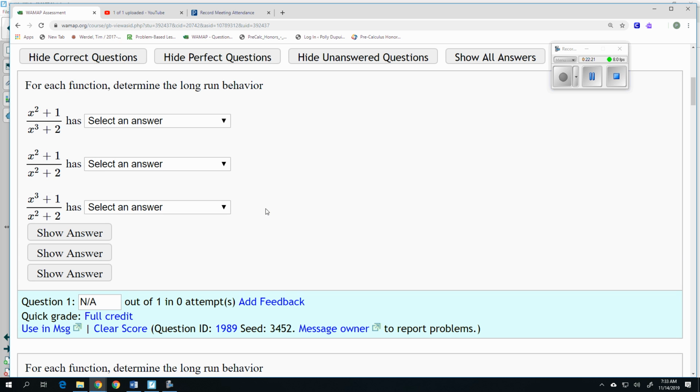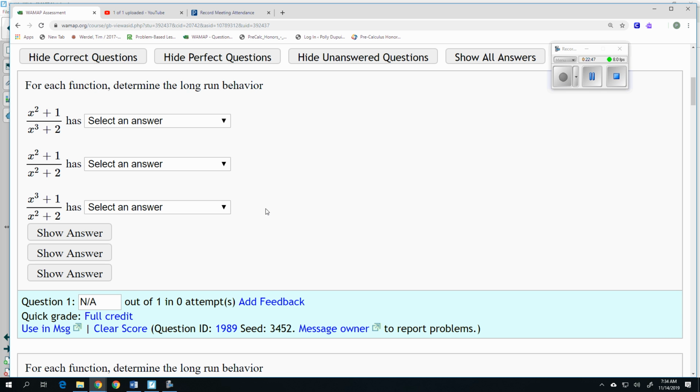So the question says, for each function, determine the long term. So what kind of asymptote is the long term? Horizontal. Okay. So I really don't like to divide unless I absolutely have to. So if I look at this, in the long term, what do I know about this relationship?